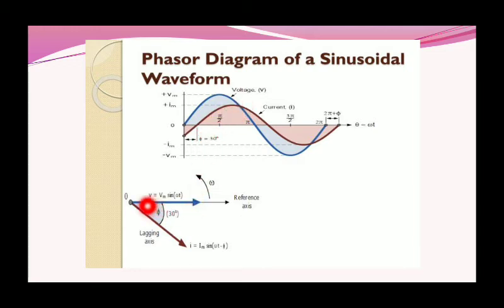So the current is lagging. Late means it is lagging behind something. The current is late by 30 degree. That's why it is below the x-axis, below the voltage arrow. As you can see, the current is below the x-axis by 30 degree. This gap is the difference. The voltage started at 0, but the current started at 30 degree, means it is below the voltage by 30 degree. So this is the phasor representation.